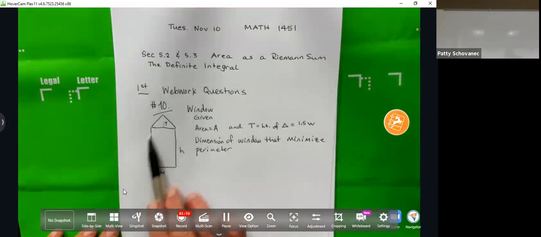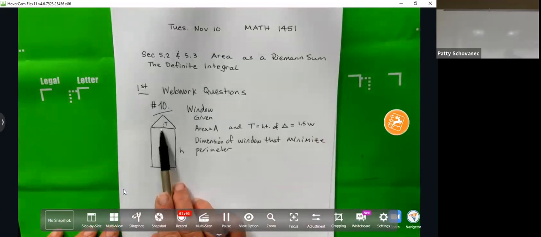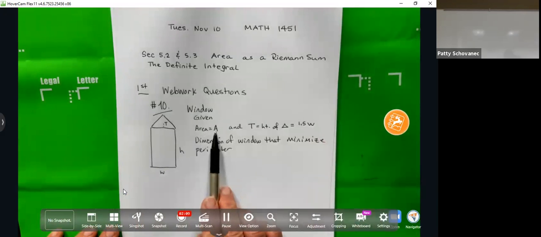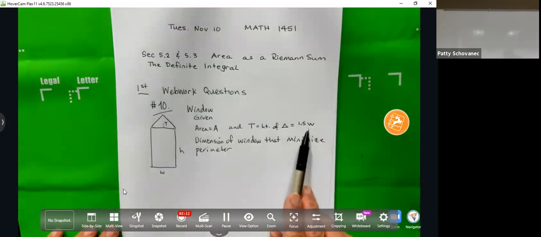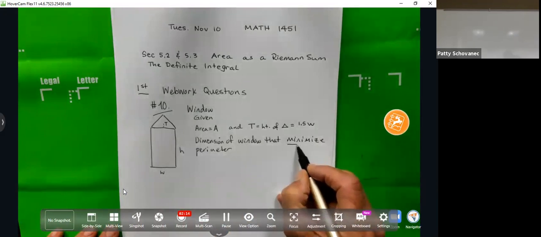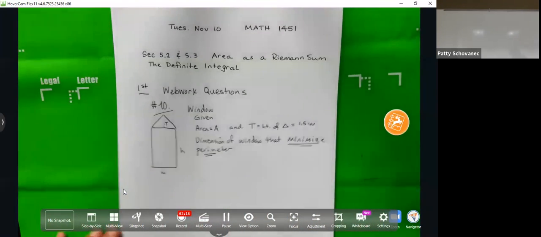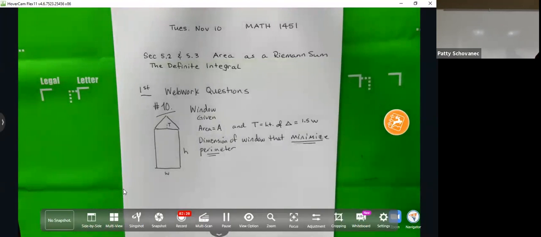We've got a window that is this rectangle with dimensions W and H, surmounted by a triangle of altitude T. We know the area of the window is the number A, and T is 1.5 of W, and our objective is to minimize the perimeter. So in the perimeter, we need to go around. Let me mark the perimeter in red.